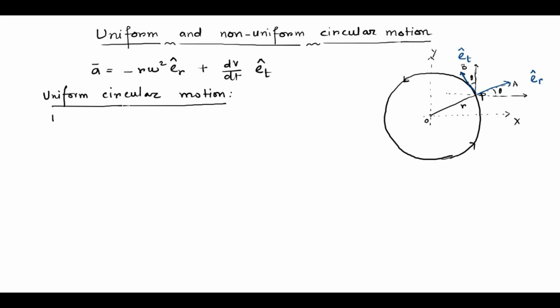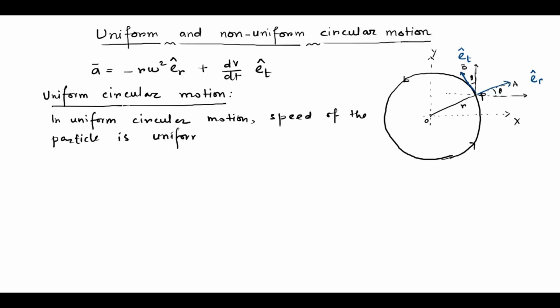In uniform circular motion, the speed of the particle is uniform or constant.